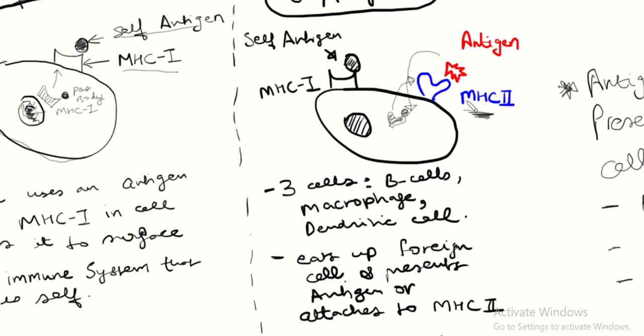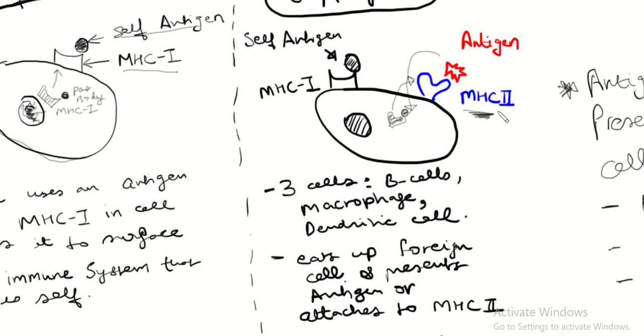So now on the surface you have MHC2, attached with an actual antigen, and it's presenting the antigen to another part of the immune system. We'll talk a little bit about it. These three cells not only have MHC1, they have MHC2.